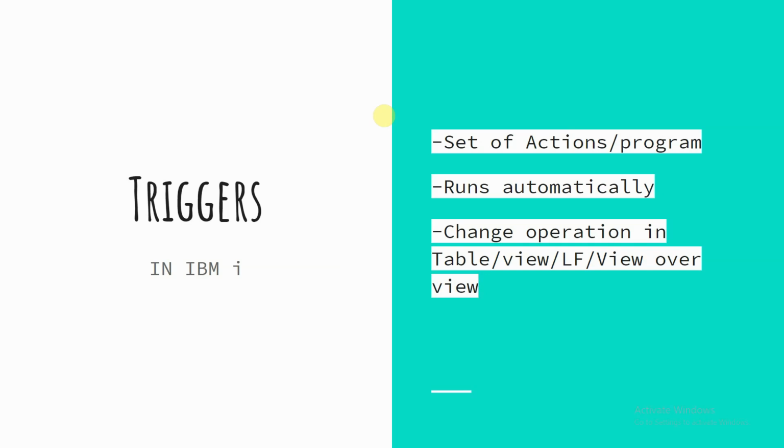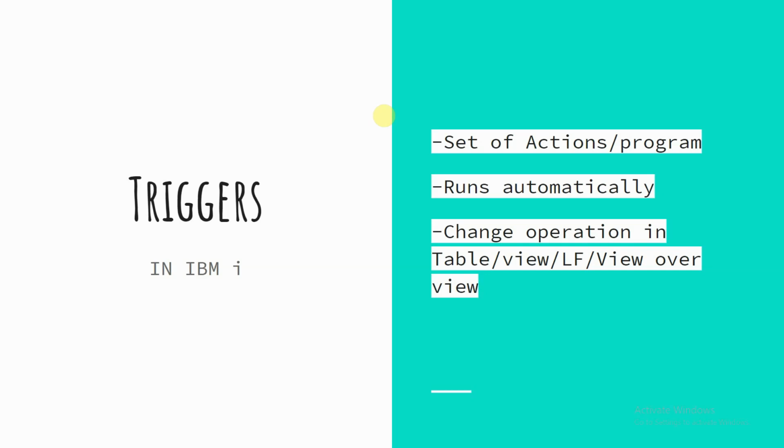Triggers are executed automatically when any change operation is performed on a table or a view, LF or a view. It runs automatically, so you don't need to give a call command for this to run.